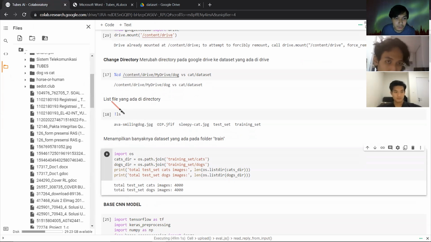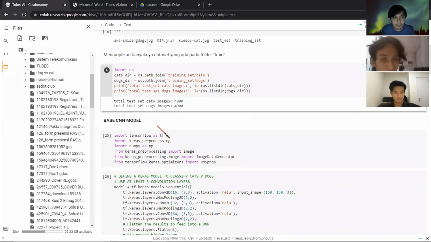If you want to look at the list of files in the directory, we can check it with this code. And then we can show the dataset in the train folder with this code: import os, cat directory. This code will show us the dataset in our folder.